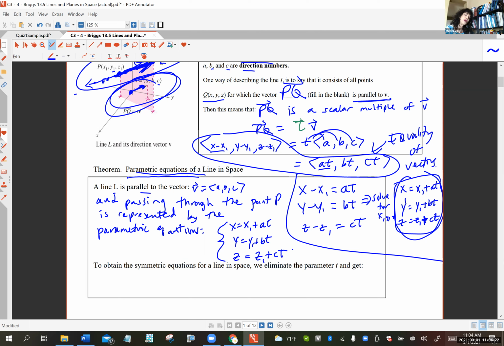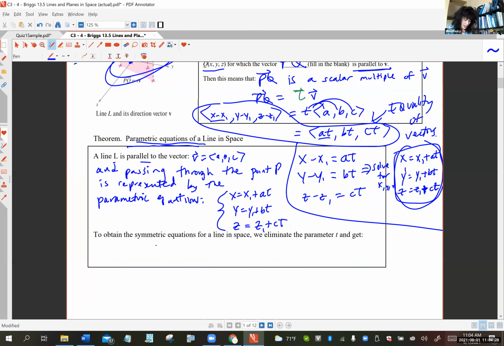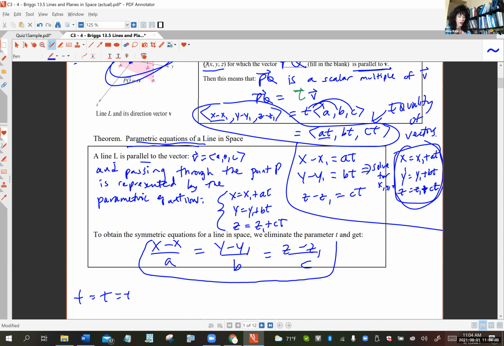There is another representation, and if you solve for t three times, once for each of those equations, and then set the t equal to t equal to t, you'll have this ginormous sort of double equation, if you will. And this big equation here is called the symmetric equation for the line in space.